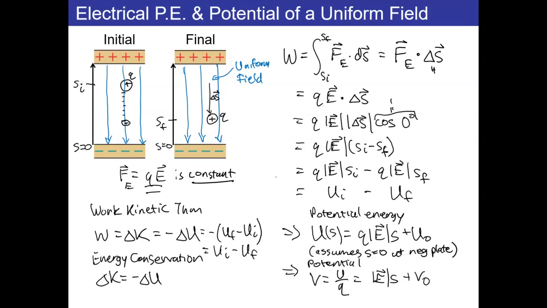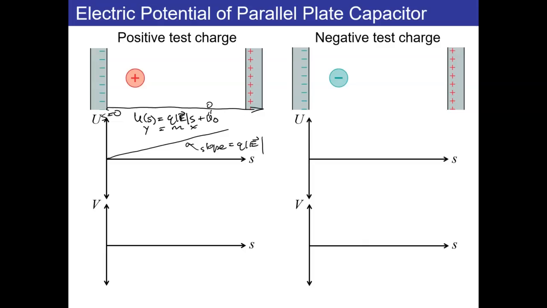That's the potential function for this uniform field, which is what we have. So let's write that down. V of S here is equal to E S plus V naught. I'm just going to set V naught equal to 0. If I set that equal to 0, what kind of function will I get here?